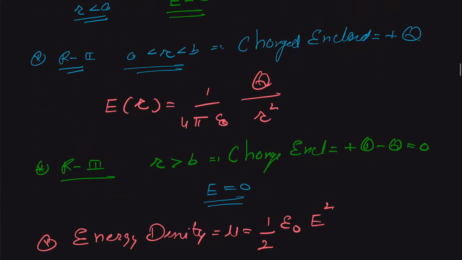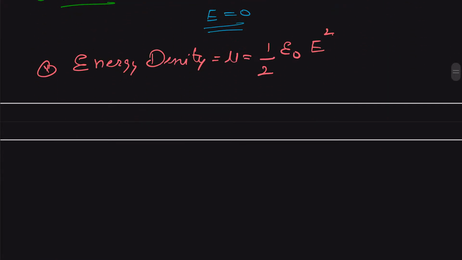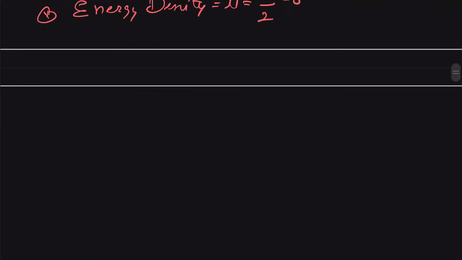And the electric field is only in our region 2. Okay. So we substitute the value of E. So we get that our energy density is half epsilon naught times 1 upon 4 pi epsilon naught q upon r square, whole square.